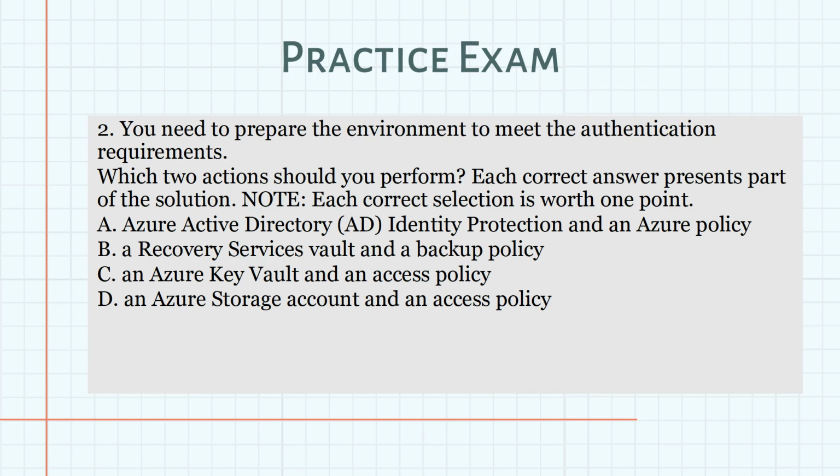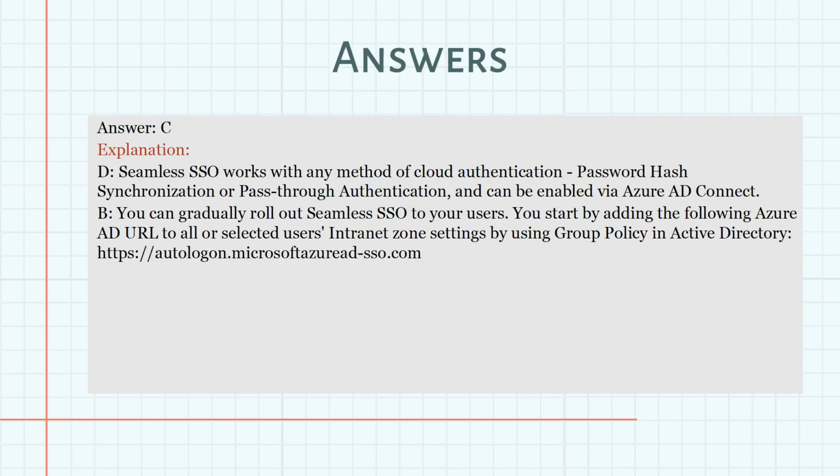B. A recovery services vault and a backup policy. C. An Azure Key Vault and an access policy. D. An Azure storage account and an access policy. Check for the correct answers.